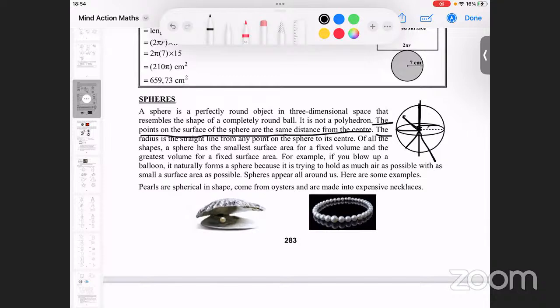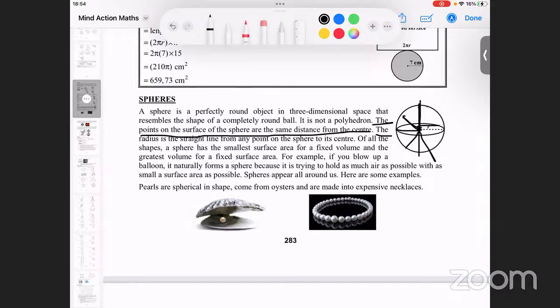If you are given a diameter and need the radius, you just divide by 2, because diameter is equal to 2r, so r equals d divided by 2.